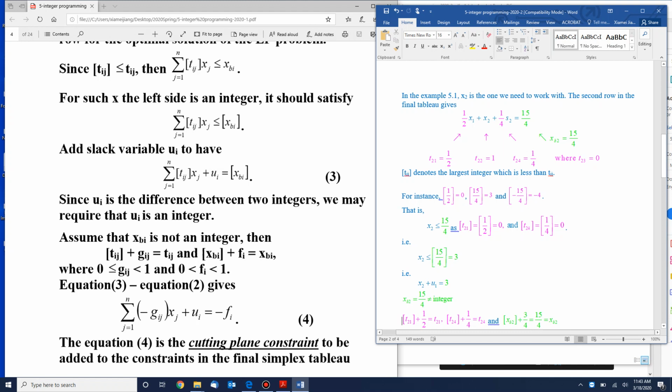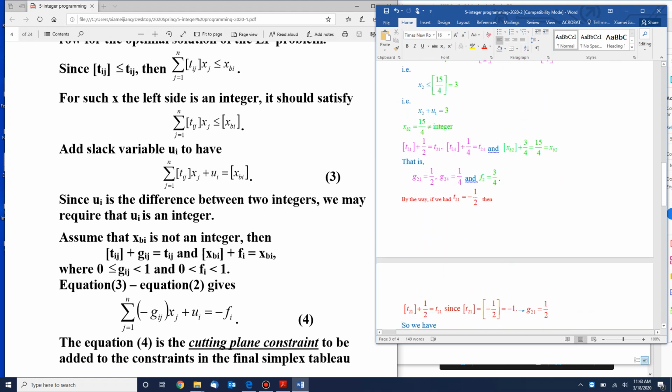So in this way we can work out that G21 is half, G24 is 1/4, and F2 is 3 over 4.